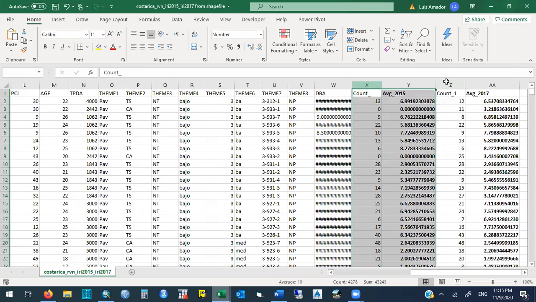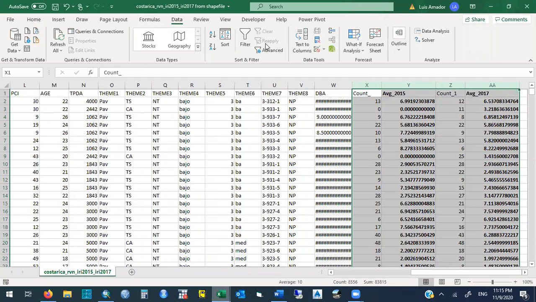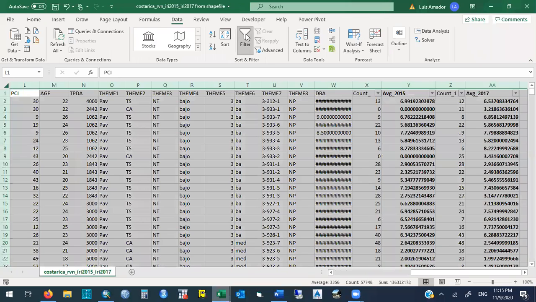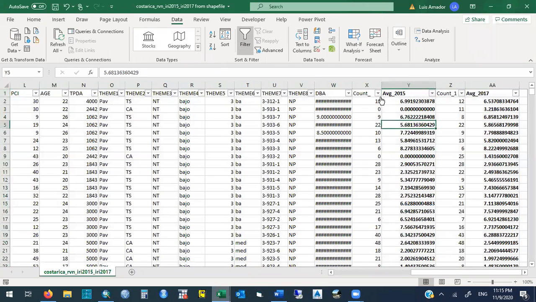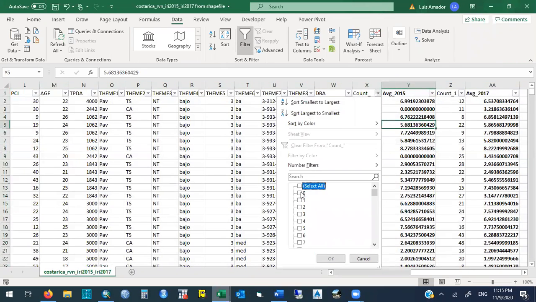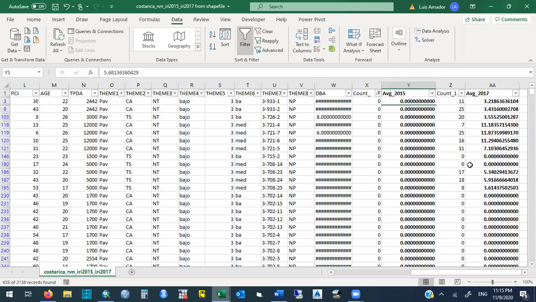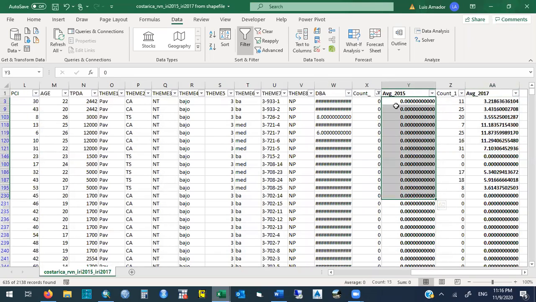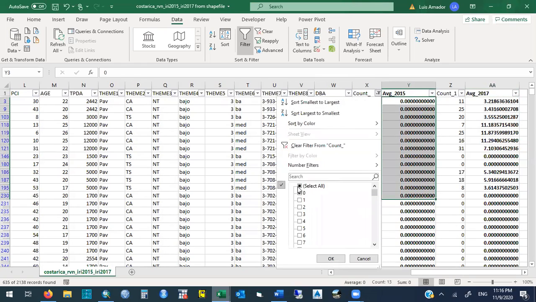Now, this count is important because whenever the count is 0, I have to eliminate that segment. So I'm going to filter this. I'm just going to put filters everywhere, actually. So wherever the count is 0, I cannot use this. Even though I might have a value here, I cannot use it because there's no data in this year. So I actually have to use whatever is not 0.